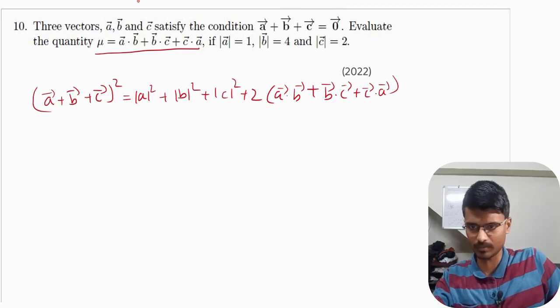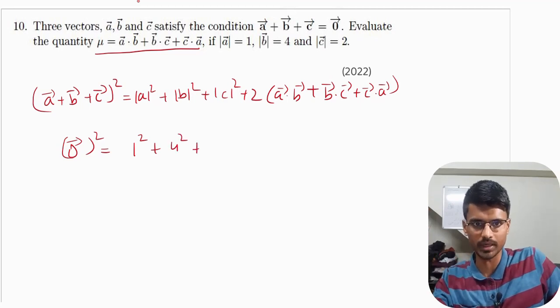If you come to the LHS part, it is 0. They have already given us. And the square of the magnitude of vector A, magnitude of vector B, and the square of the C vector, and this quantity is nothing but your mu.